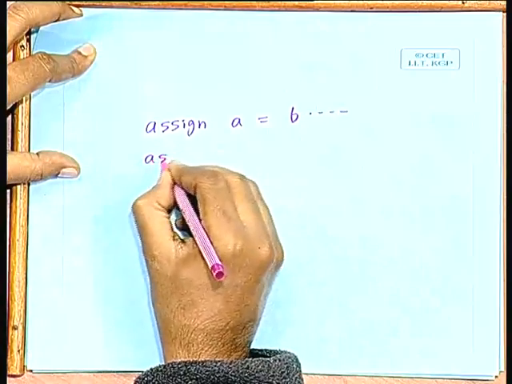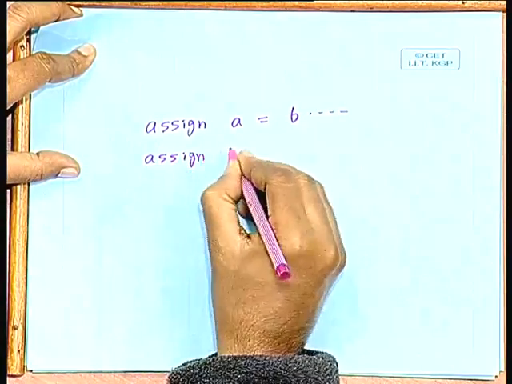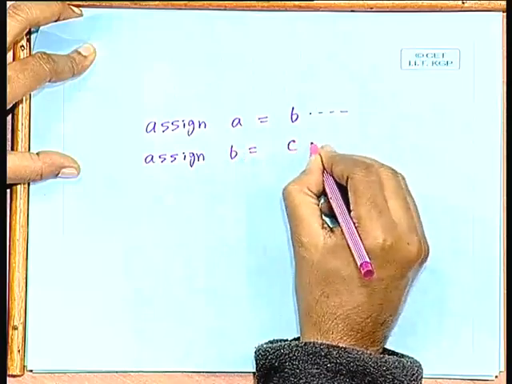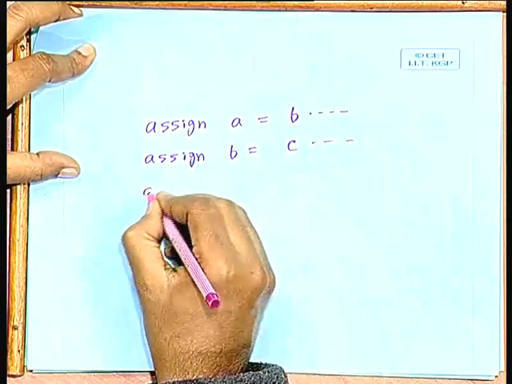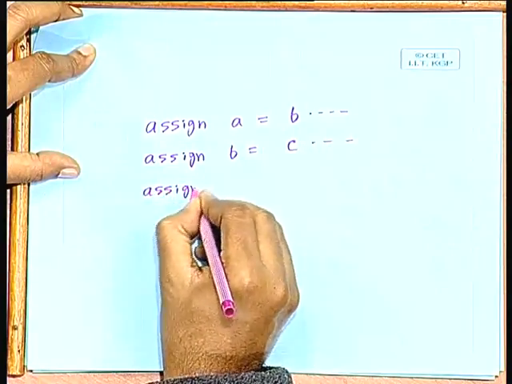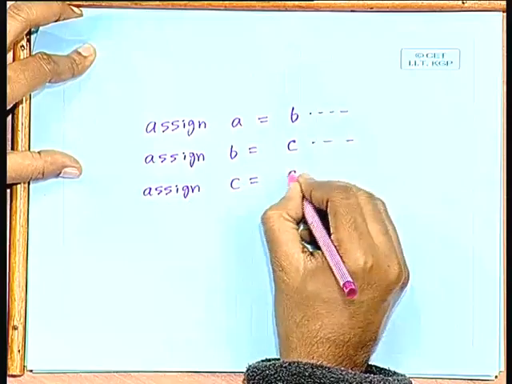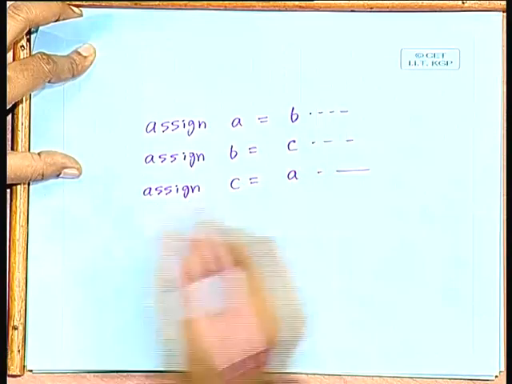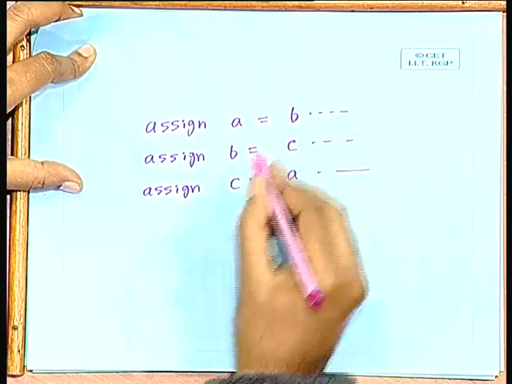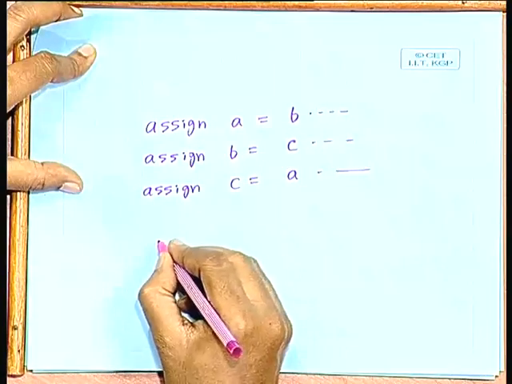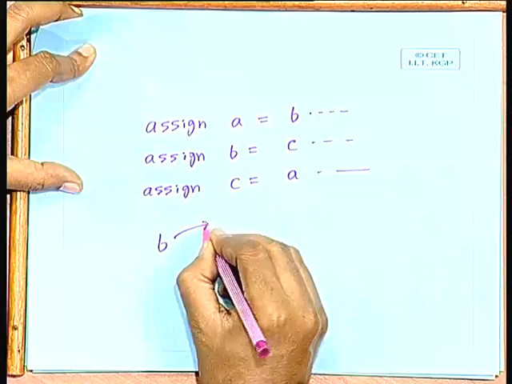There is another assign B equal to say C and something else. There is another assign C equal to A and something else. So, this means that you have a dependency. In the first statement, the value of B is used to compute A.